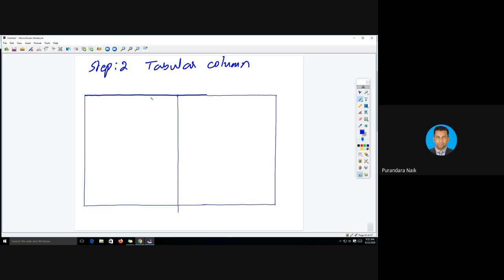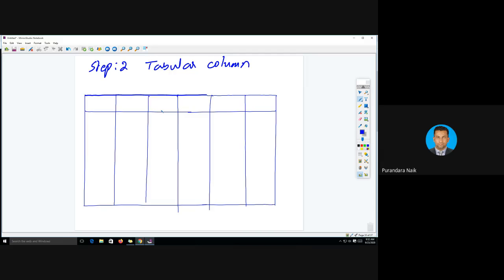Six columns, right? Can anyone answer? Plane. Please check your answer.